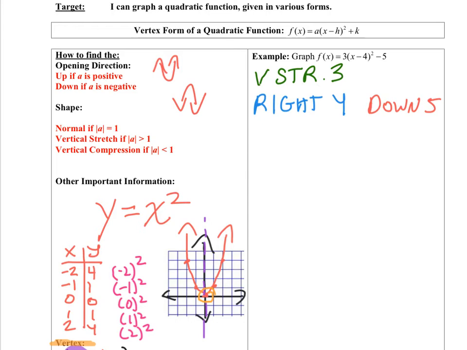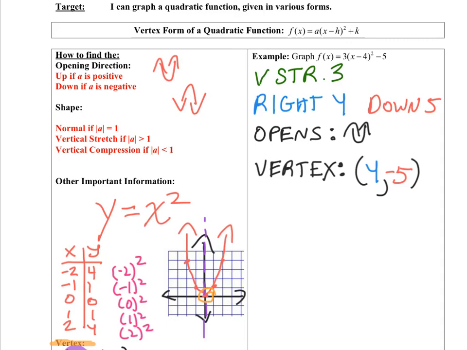Hopefully what you listed was a vertical stretch of 3 and translations right 4 and down 5. We should also note that this parabola is going to open right side up because the a value is positive and there is no reflection over the x-axis.